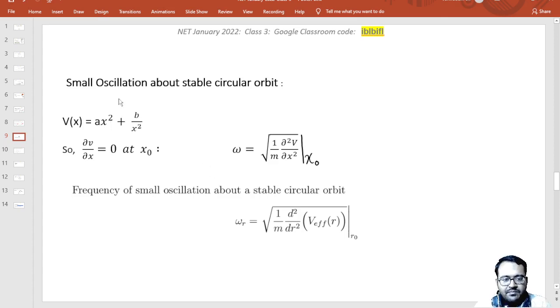You remember this from your one-dimensional study. Say if V is given as something like a x square plus b by x square, you find del V del x at some point x0, that is your point of equilibrium. Then you find the double derivative d square V dx square at x naught, divide by m, then take a square root. That is the angular frequency. Actually, this omega is angular frequency and nu is omega by 2 pi. So sometimes in an answer, please check if there is an extra 2 pi, as this is actually an angular frequency.